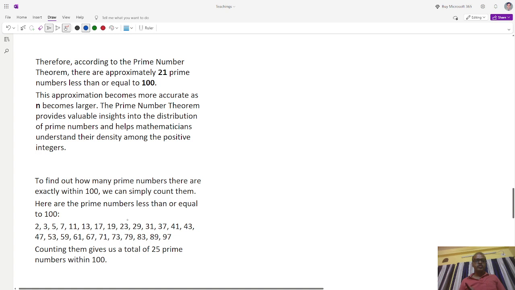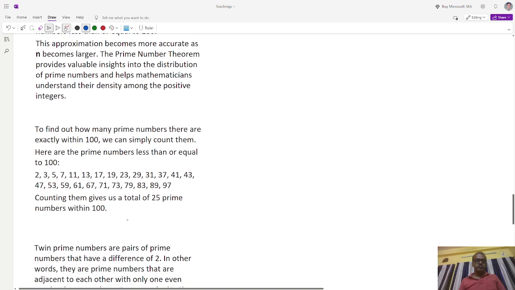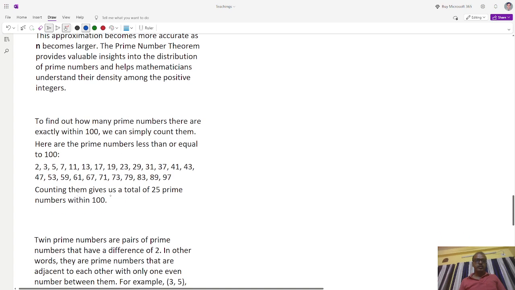No theory is there to find the exact number of prime numbers between 1 to 100. So we have to count and we get 25 prime numbers within 100.